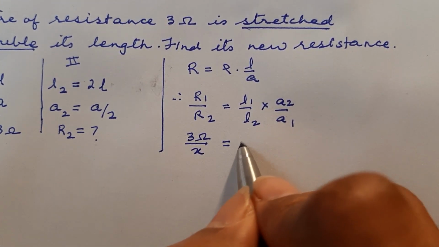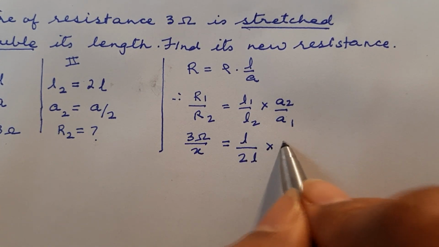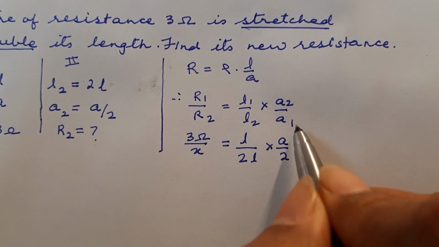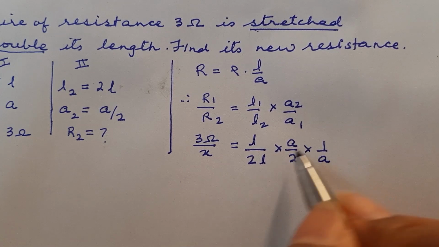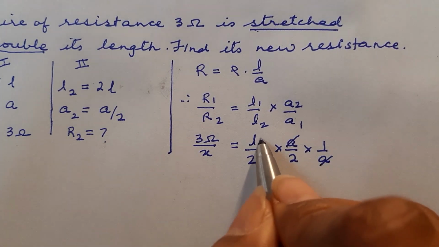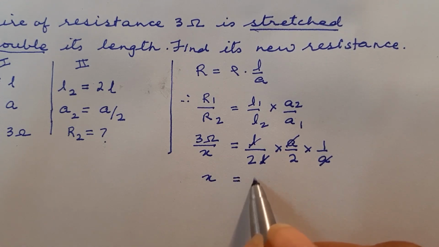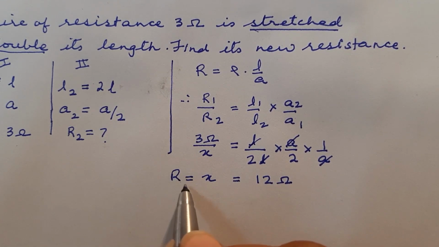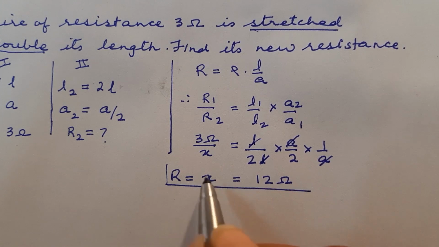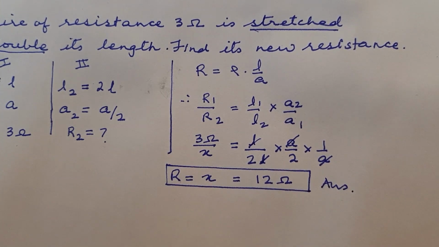Now L1 is L, L2 is 2L, multiplied by A2 is A upon 2, and A1 is A, so we are dividing like so. And so when you cross multiply, X will be equal to 3 into 4, that is 12 ohms. So that is going to be our new resistance, and that is our answer.